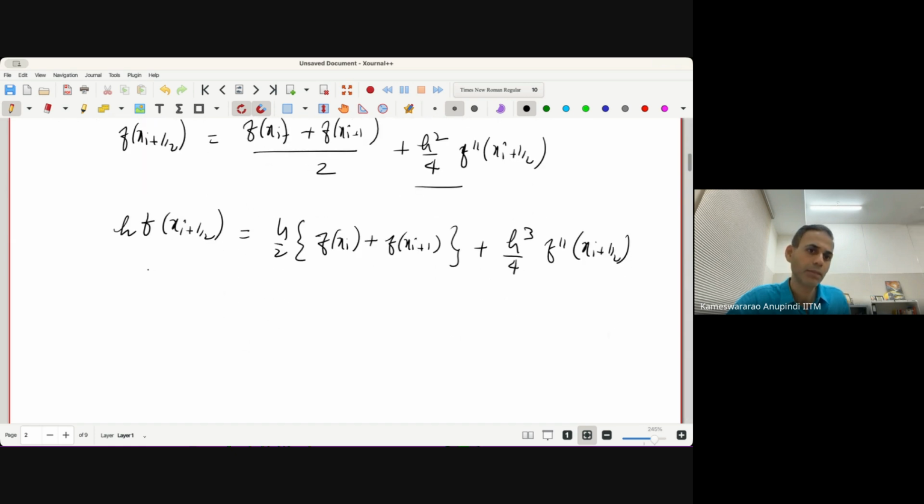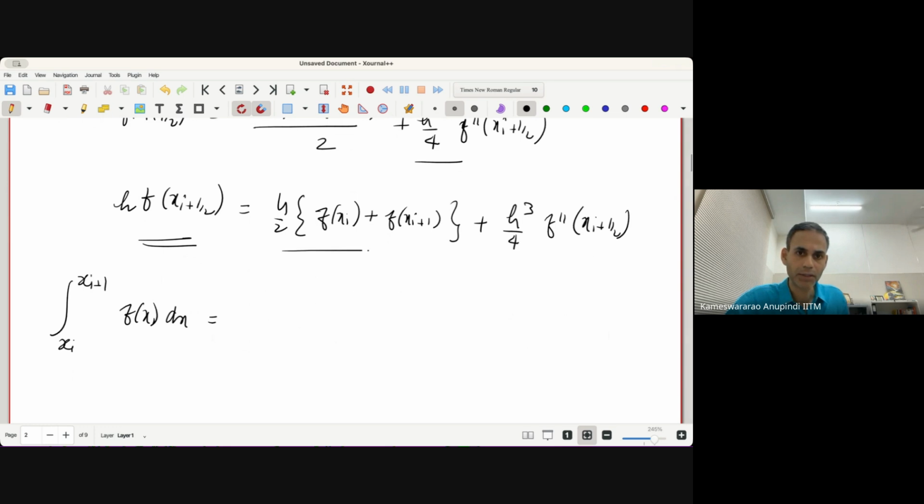Okay, that means if I want to calculate this integral, xi to xi plus 1 f of x dx, I could write it as this one, or if I consider this as a constant value at this centroid, that is going to be f of xi plus half times delta x, that is xi plus 1 minus xi, that is h times f of xi plus half. So that's what I have.